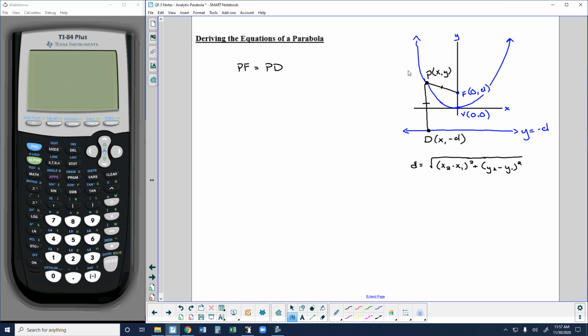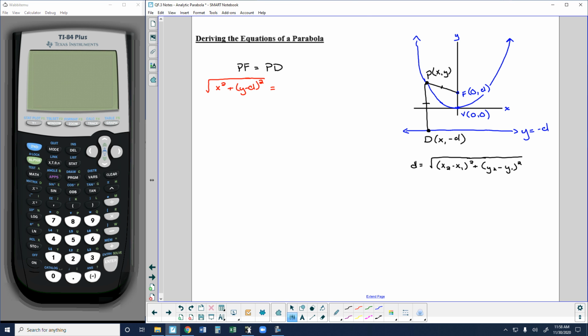Let's use the distance formula for P and F. I'm going to switch colors here. So PF is the square root of, my x coordinates for P and F are x and 0. So x minus 0 would just be x. So x squared plus, my y coordinates for PF are y and d. So I'd substitute those here in the distance formula. So this would be y minus d quantity squared, and we'll come back to that.